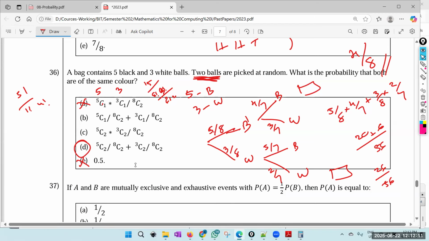5C2 is factorial 5. Can we see any logic? 2 out of 5 divided by 2 out of 8. I don't know. I have no clue. Right. Factorial 5 divided by factorial 2 divided by factorial 3, and that divided by factorial 8.